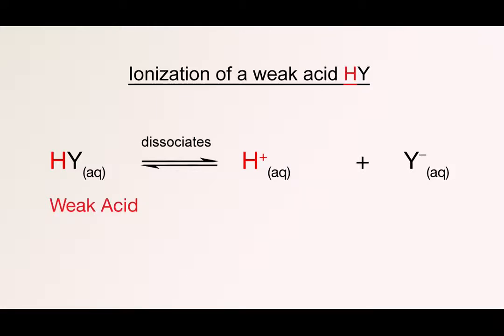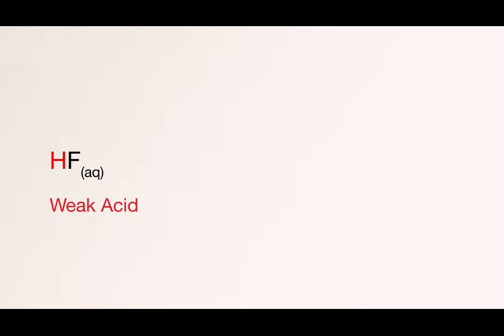For example, aqueous hydrofluoric acid, HF, which is a weak acid, dissociates to produce hydrogen ion and fluoride ion in solution. The double arrow symbol means the dissociation is partial and reversible.